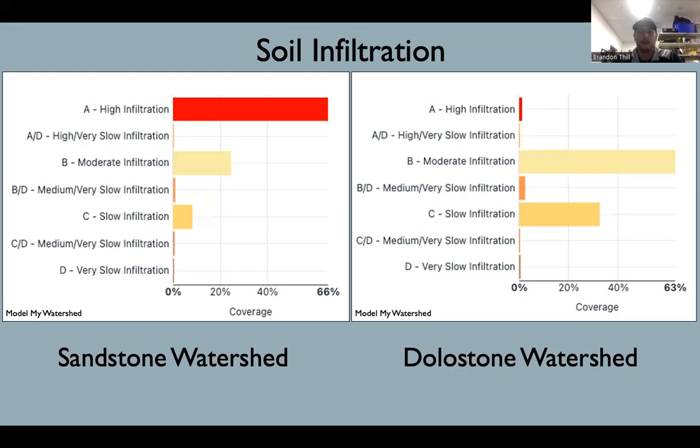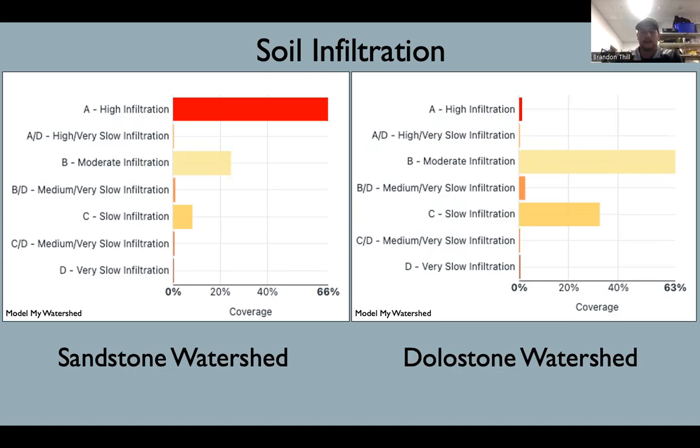What I really want to focus on here is that red bar at the top, and that's our high infiltration soil. We can see that the sandstone watershed is far more dominated by that high infiltration soil, that sandier soil. So what this means is that water coming from an outside source has an easier time infiltrating the surface and percolating down through the soil into the groundwater.